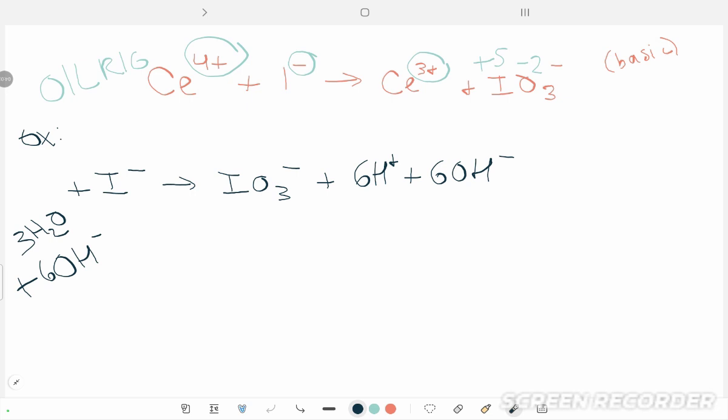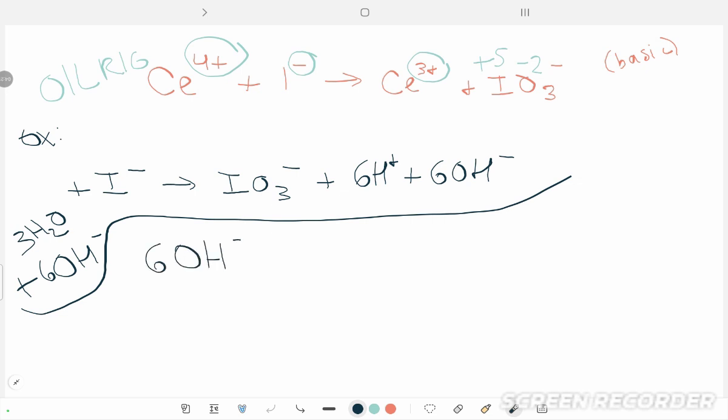Now since anytime you have a basic solution and you end up with H's and OH's, you're going to turn this into H2O. So I'm just going to write this on another line. So we have 6OH plus 3H2O plus I minus, which goes to IO3 minus, plus 6H2O.